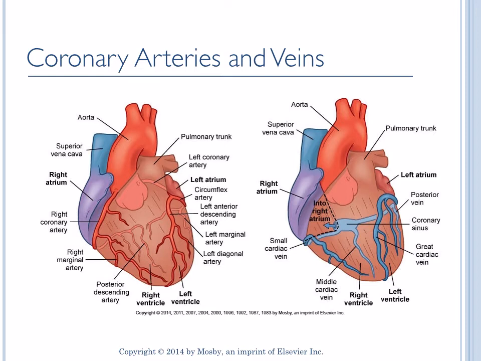The blood flow into the two major coronary arteries happens mainly during diastole, which, as we all know, is relaxation of the myocardium. Then the left coronary artery arises from the aorta and divides into two main branches, the left anterior descending artery and the left circumflex artery.